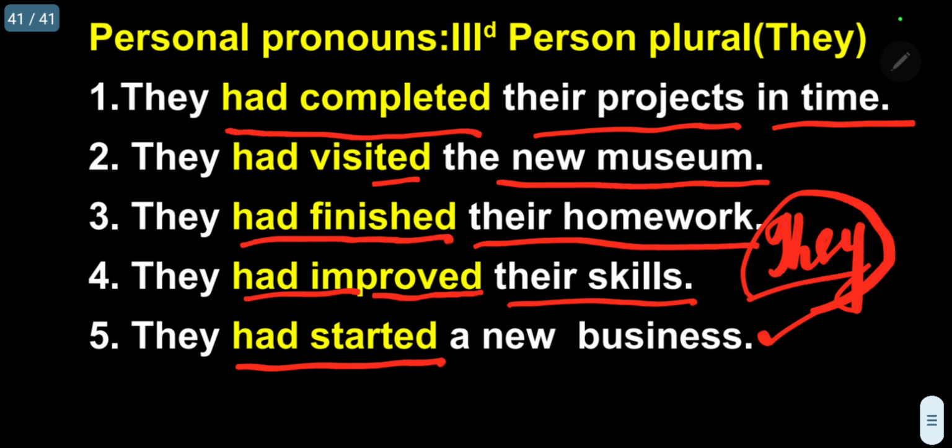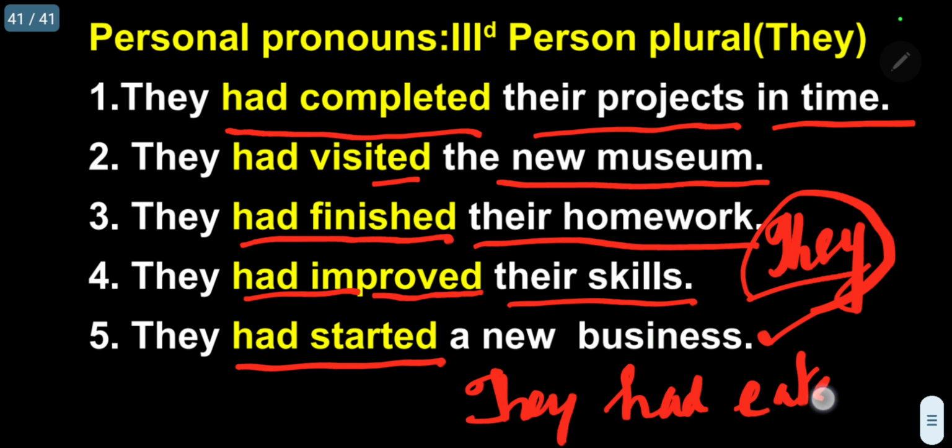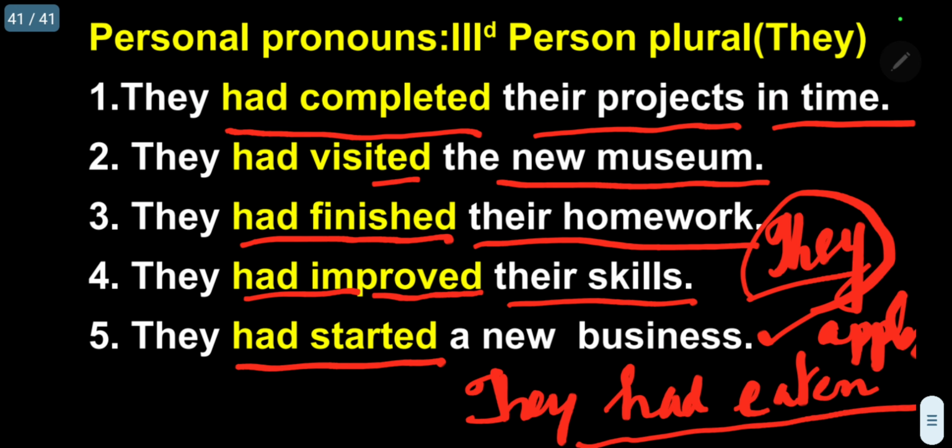Suppose I say a new sentence. They had eaten apples. Kindly follow. How can I translate it in Tamil? They had eaten apples means அவர்கள் ஆப்பிள் சாப்பிட்டார்கள் என்றும் சொல்லலாம். அதே சமயத்தில் மங்கியாக இருந்தால், அனிமலாக இருந்தால், அவைகள் ஆப்பிள்கள் சாப்பிட்டன.